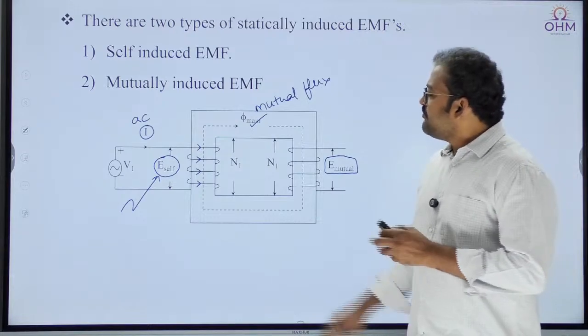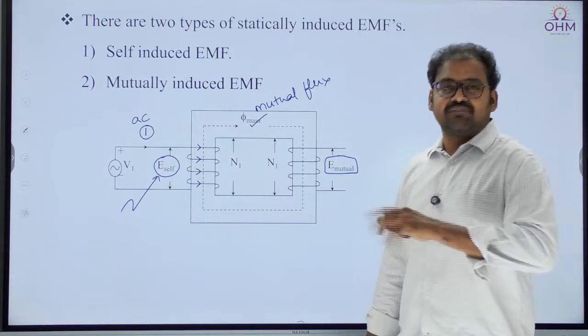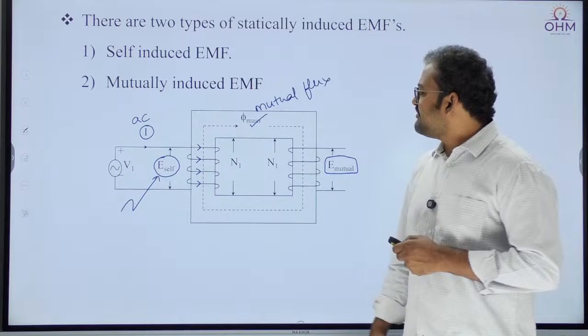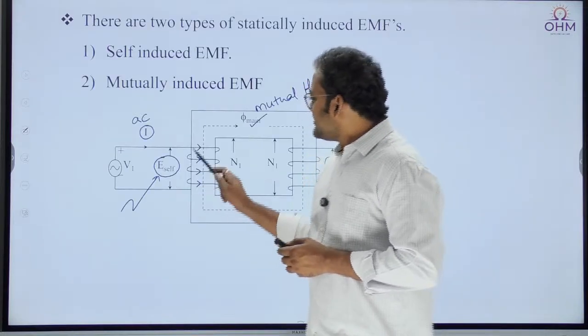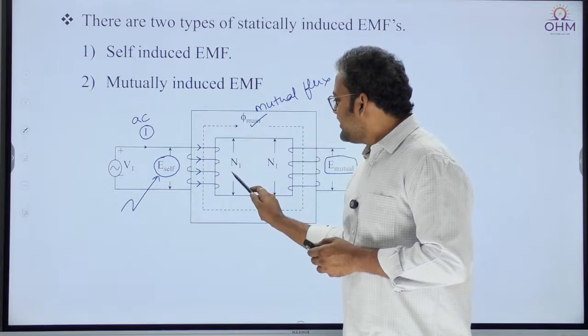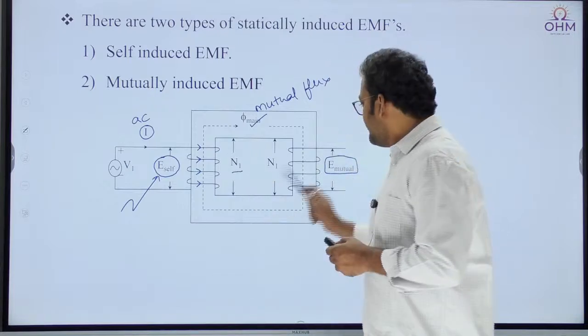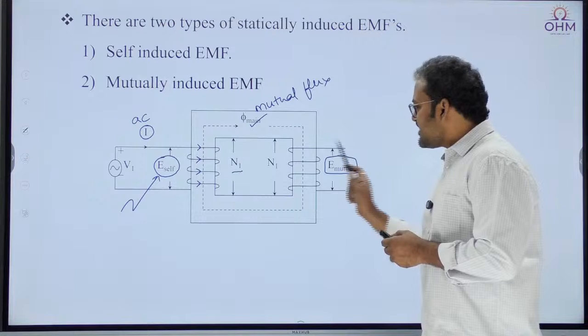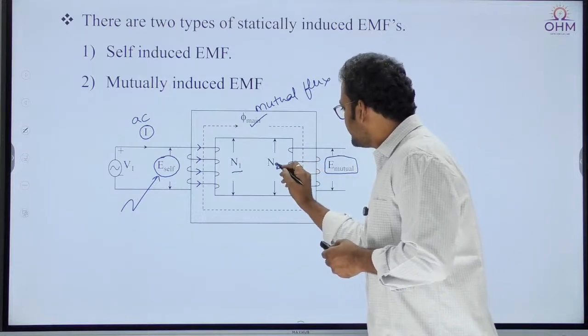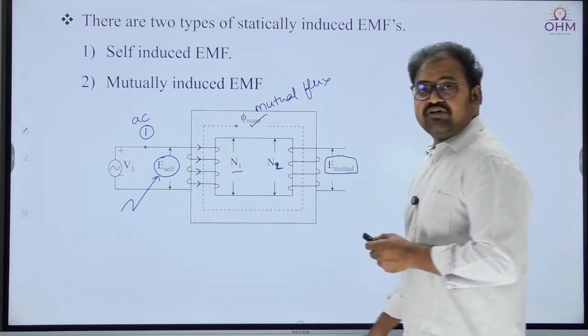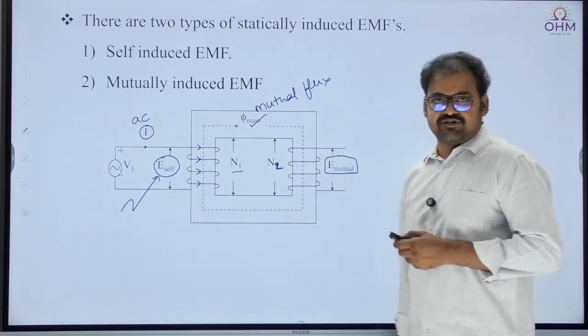Now we will see the mathematical formulas for self EMF and mutual EMF. Self EMF is in the primary winding, which has N1 turns. Mutual EMF is across the secondary winding, which has N2 turns.